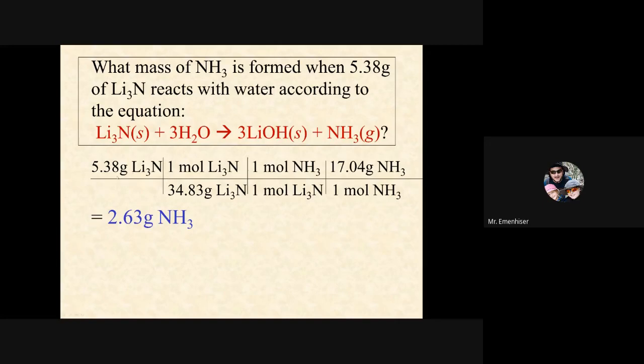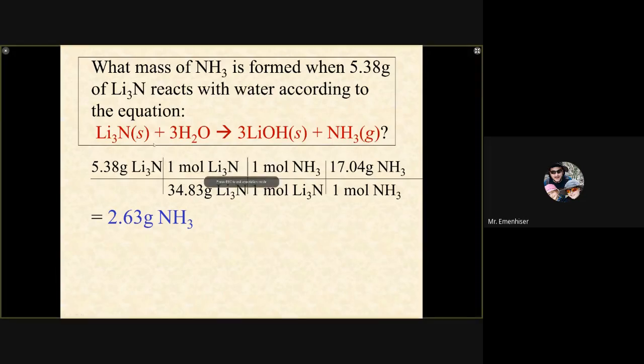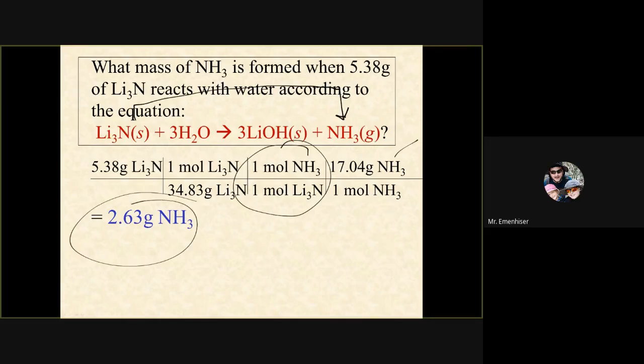We would take the mass of this one, convert it to moles, and then once you have moles of that, you can use the coefficients in the balanced equation to go from moles of this to moles of this. That's what we did in this step. Then once we have the number of moles of NH3, we can use the molar mass of NH3 to get the mass of NH3. So that's stoichiometry, where you go from one unit to another, one substance to another in a chemical equation.